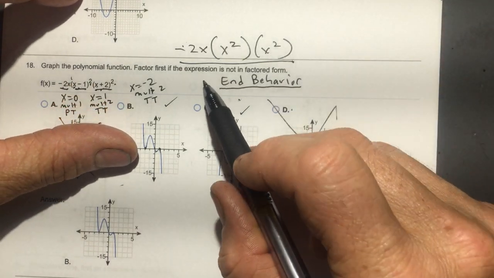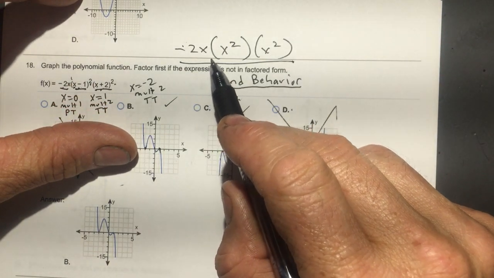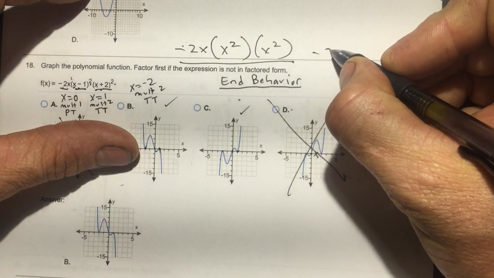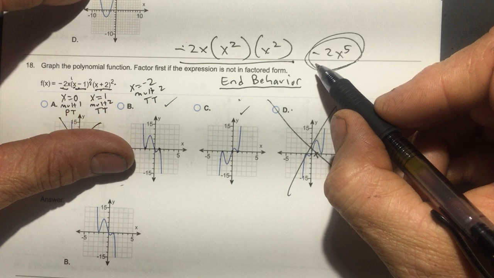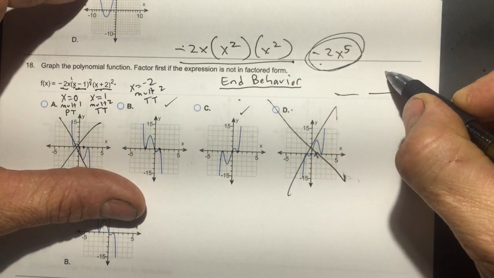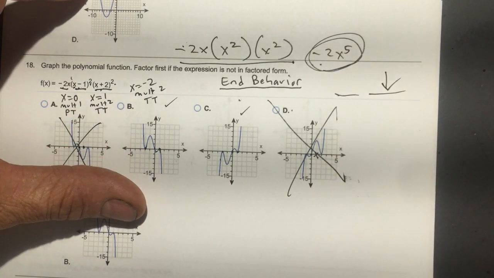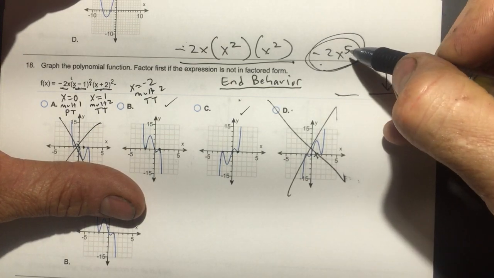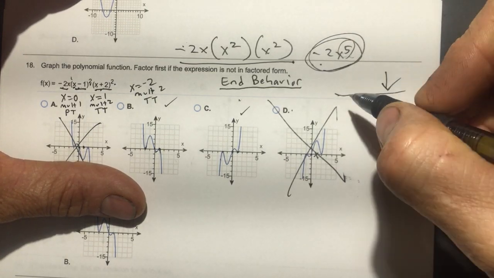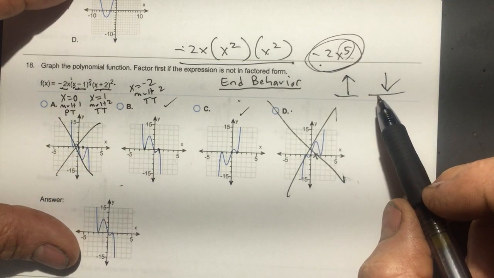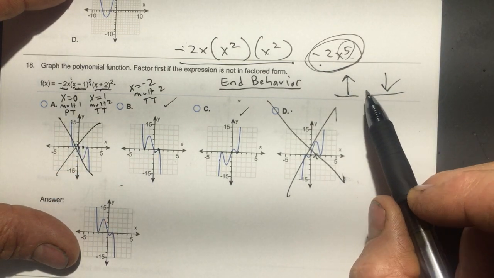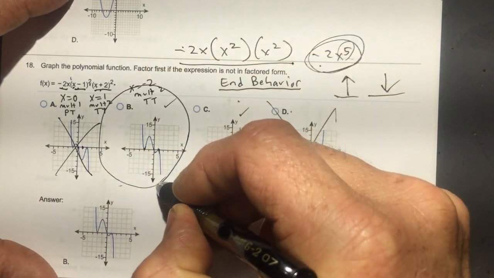So that's going to be -2x to the 5th. There's my lead coefficient. It's negative, which means the right side is going down. And then it's to the 5th power, which is odd, which means the left one does the opposite. So there's what my end behavior should look like. The left side's going up, the right side's going down, which looks like B.